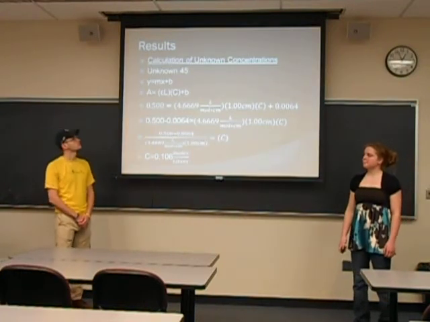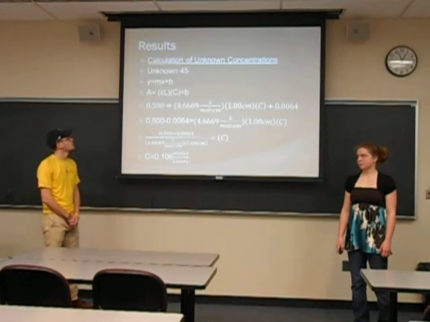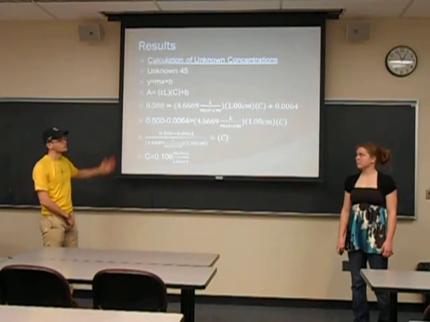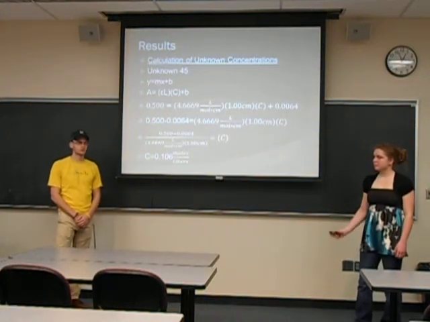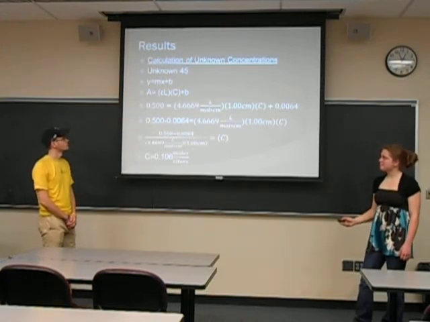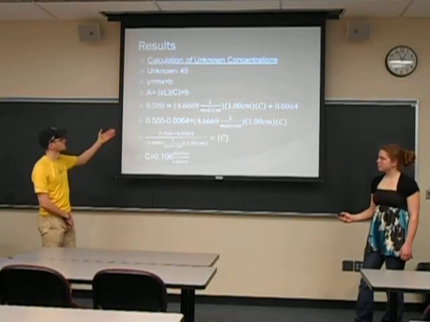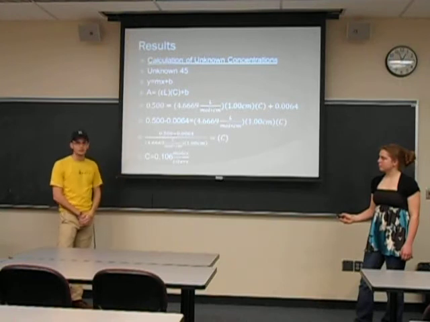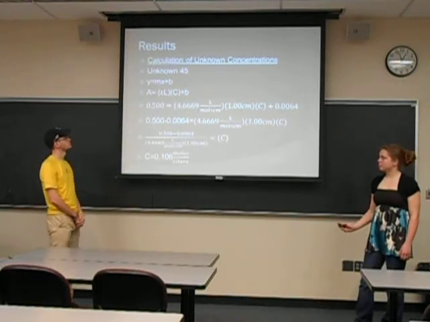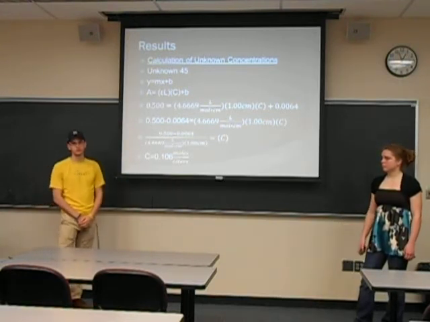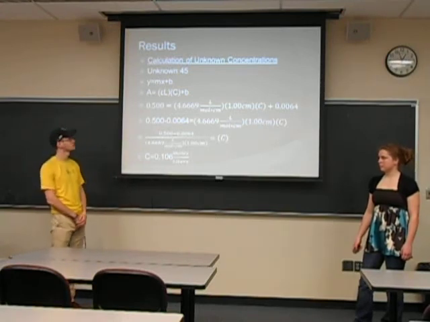Using a calculation of our unknown concentrations for unknown number 45, we have y equals mx plus b, which is from the linear graph, and then we substitute the m, the x, and the b with your original Beer's law, because that is technically showing you what the equation is on the graph.